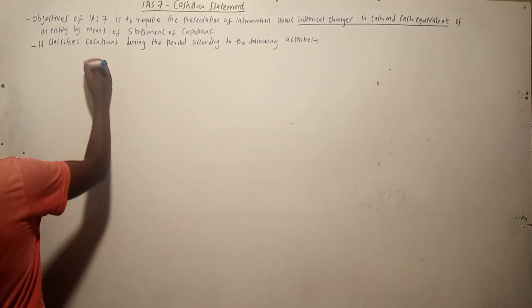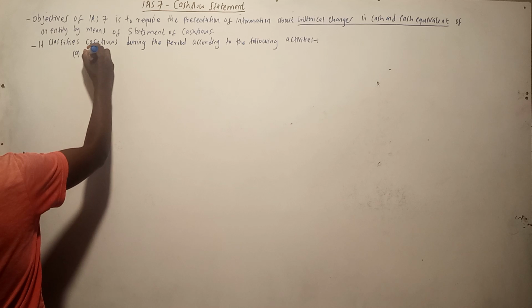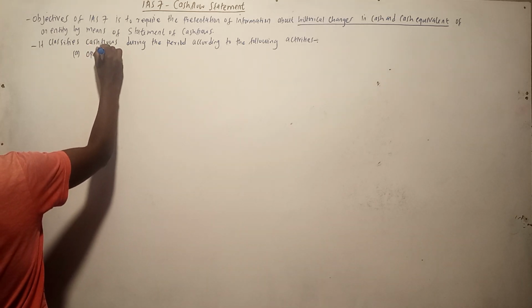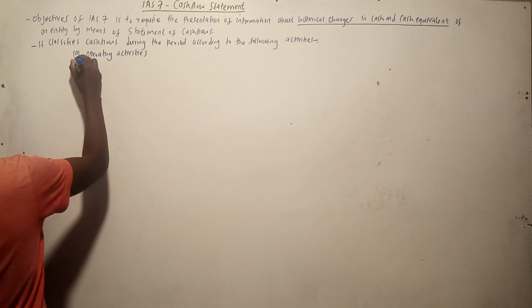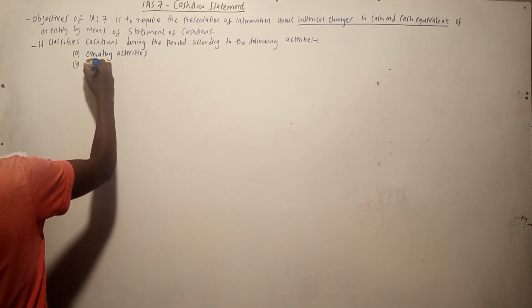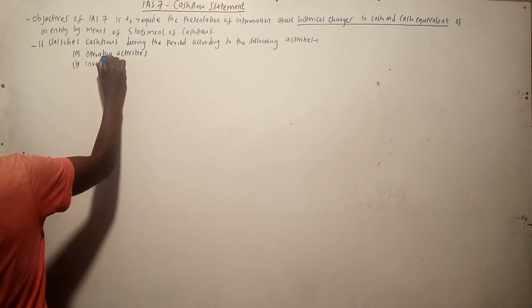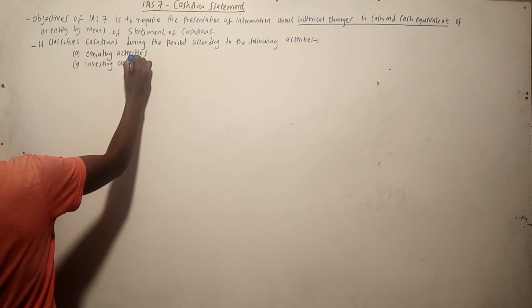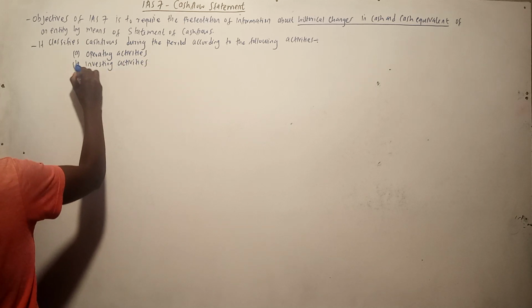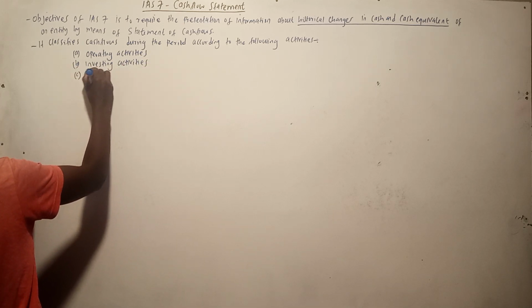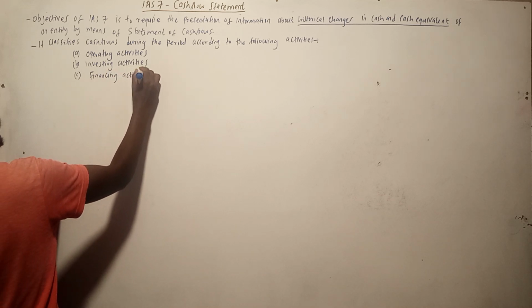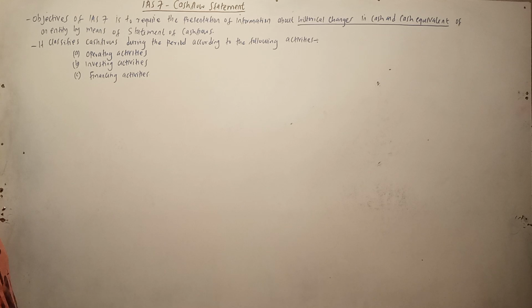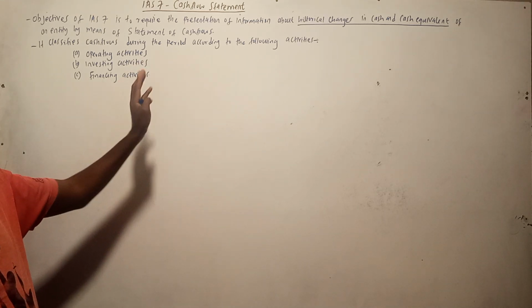Number A, we have the operating activities. Number B, we have the investing activities. And number C, the financing activities. So IAS 7 classifies the cash flows for the period according to these activities.